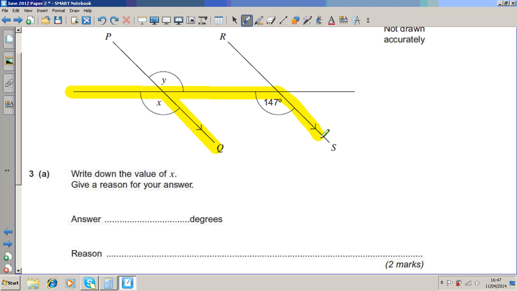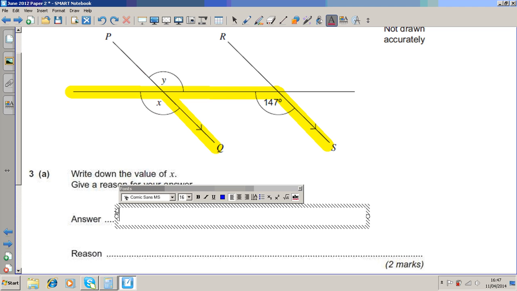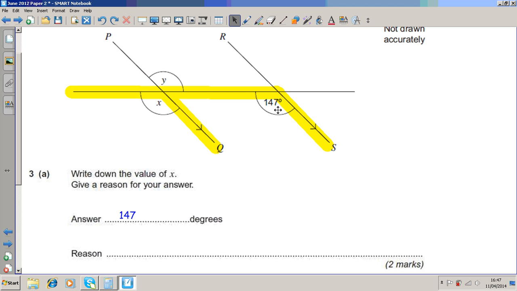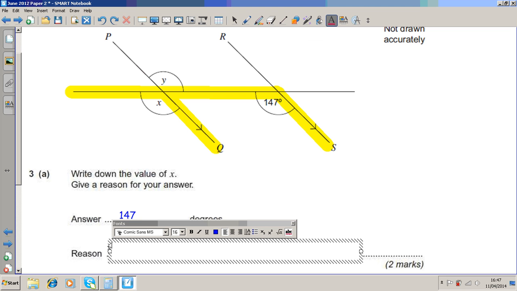Our line's coming off it, making an F shape, which means x is going to equal 147 degrees. We can't say it's an F angle; we have to give it its proper name, which is corresponding angles are equal.